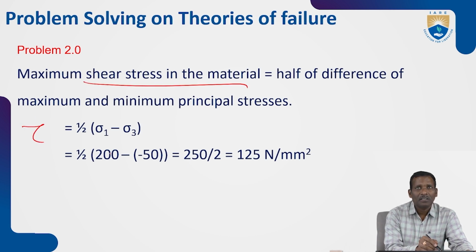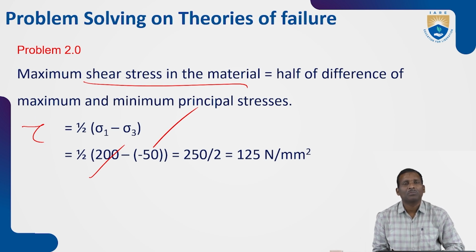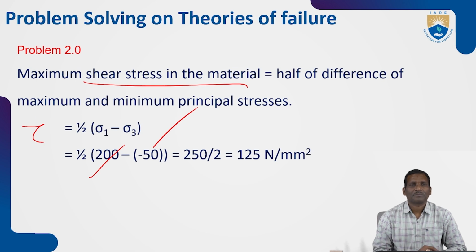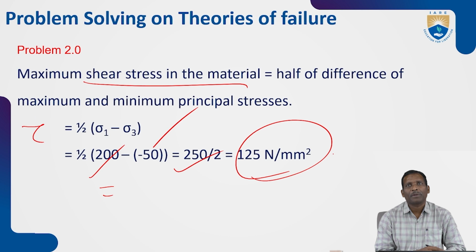The maximum is 200 and the minimum is 50, which is compressive, so you have to use a negative sign. Half of 200 plus 50, that is 250 by 2, gives 125 Newton per mm square.